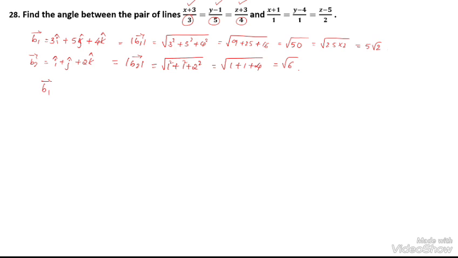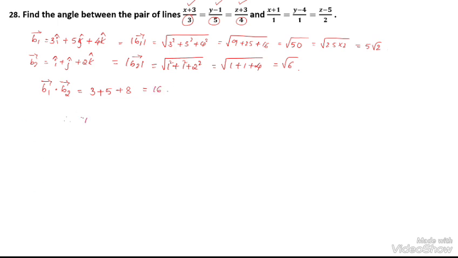Vector B1 dot vector B2: 3 into 3, i into i becomes 1, so it becomes 3. i dot j is 0, similarly the others are equal. 5 into 1 becomes 5. 4 into 2 is 8. Then the value becomes 16.